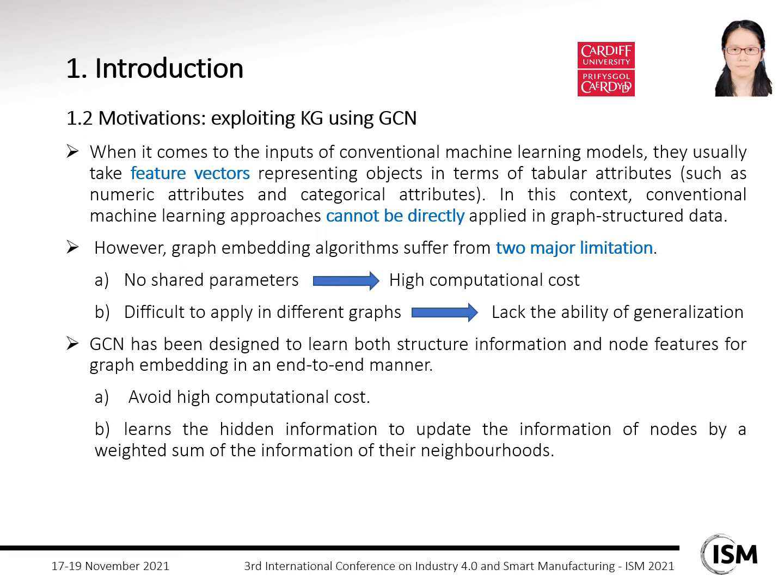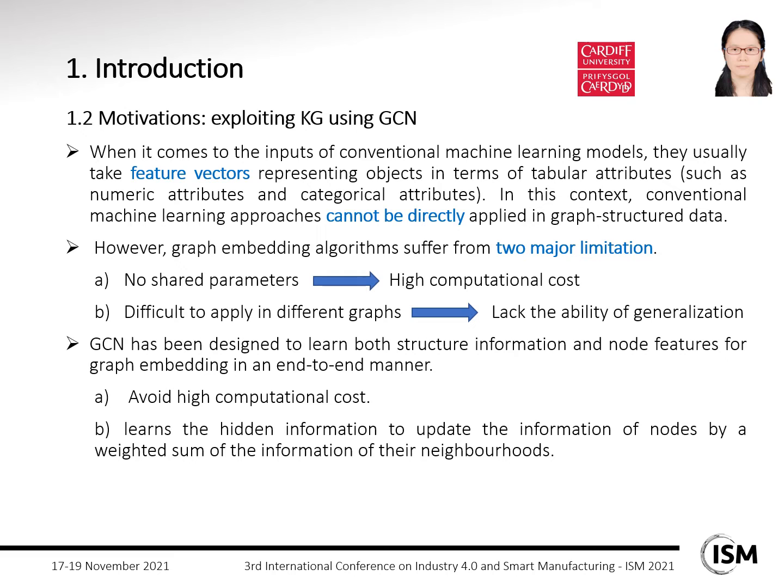To address these two limitations, graph embedding based on GCN has been designed to learn both structure information and node features for the graph embedding in an end-to-end manner. Firstly, compared with the conventional graph embedding methods that learn the features of the node in a specific order, GCN propagates each node respectively, which leads to ignoring the input order of the nodes.